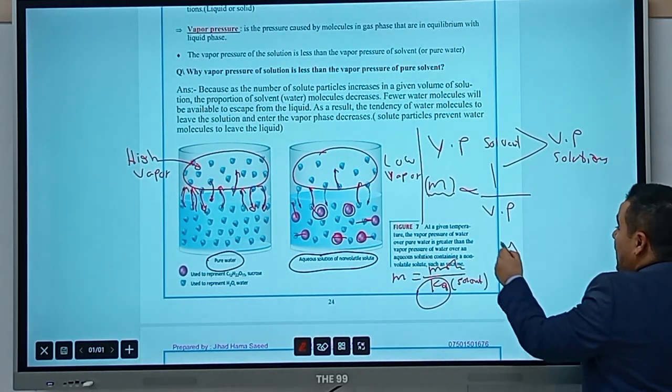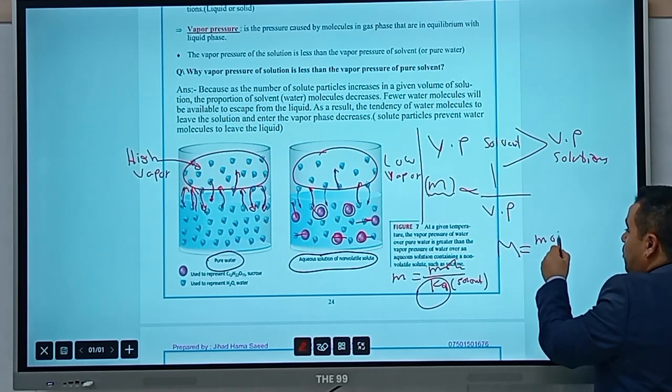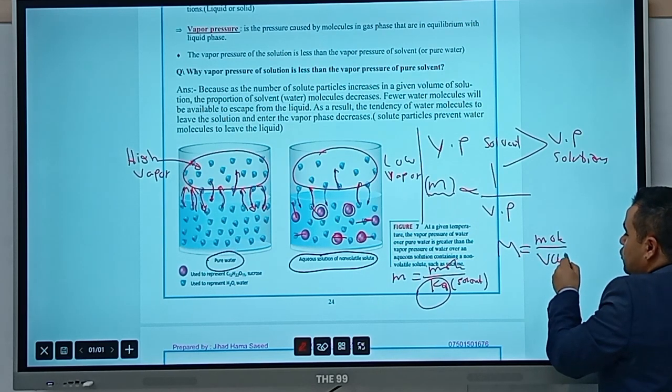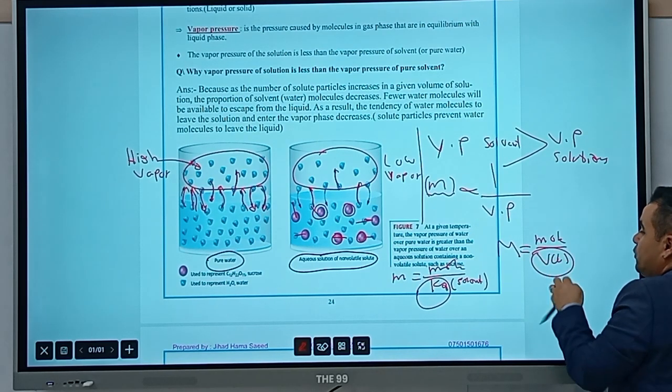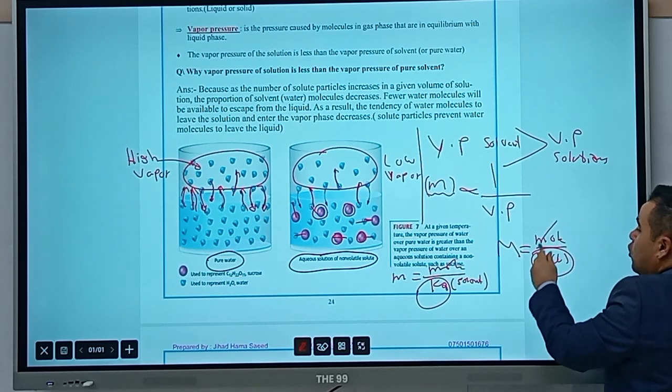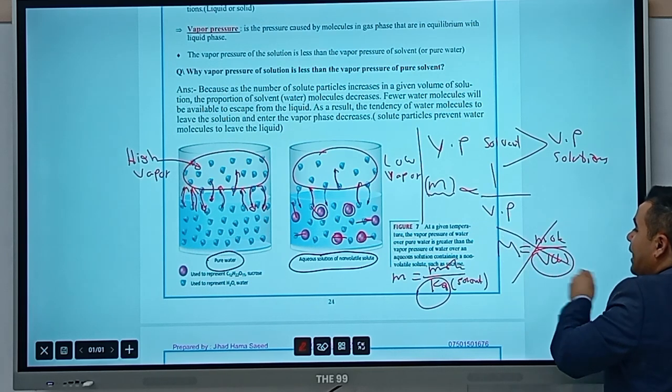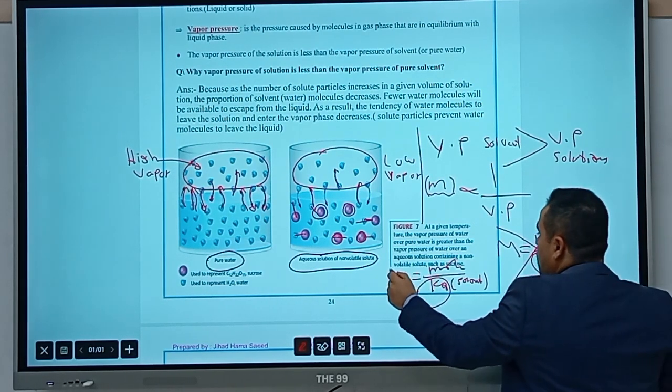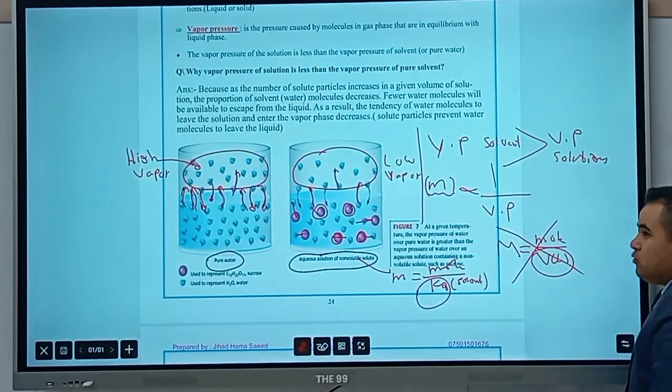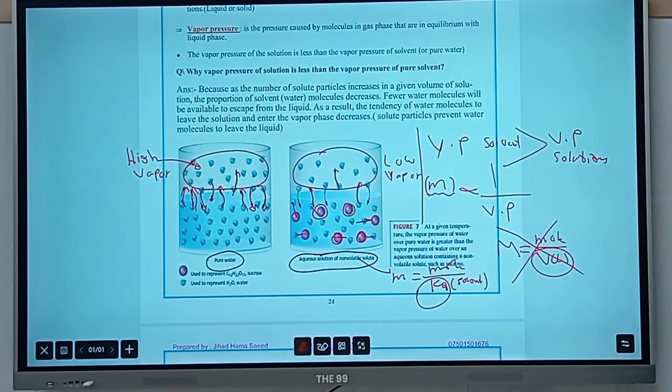But molarity is equal to moles per volume in liter, and the liter depends on the temperature and changes by temperature. So we do not use the molarity in this section. Instead, we use the molality because it's independent of temperature.